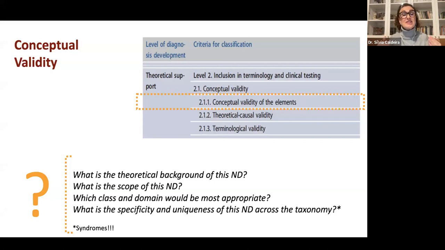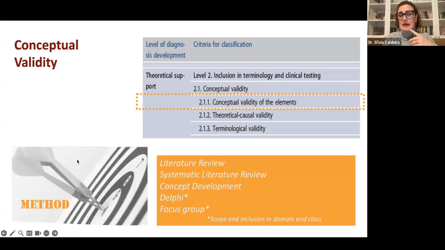And this is really challenging, but really neat at this time for NANDA, and I would say for nursing internationally. So for this, it is good to think of literature review, systematic review, concept development as well, Delphi, and focus group.